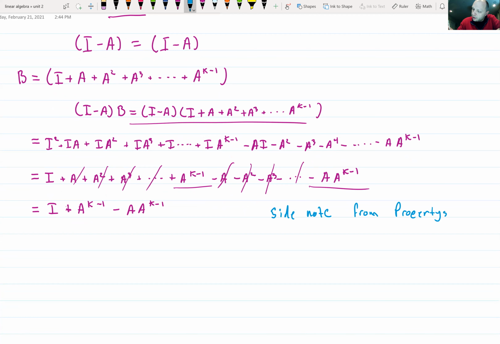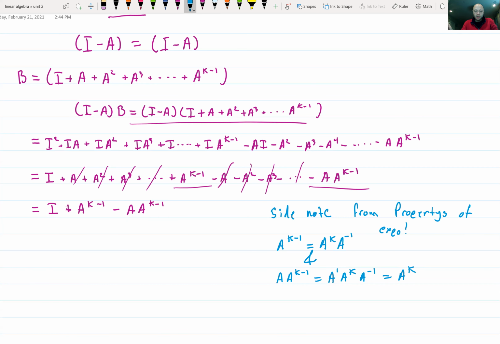From properties of exponents, A to the K minus 1 equals A to the K minus 1, and A to the K minus 1 equals A to the 1, A to the K, and A to the minus 1, which equals A to the K.